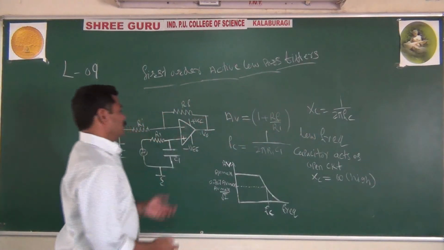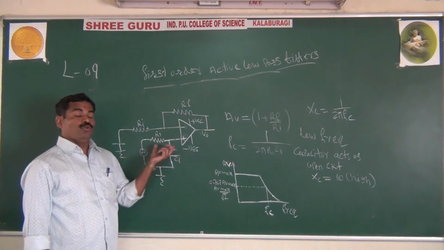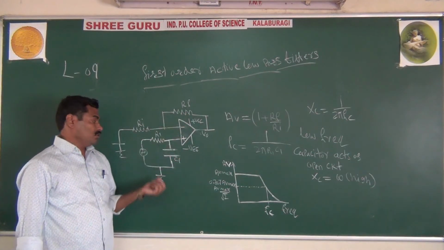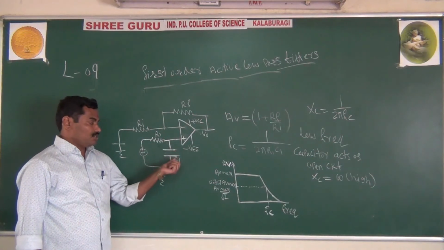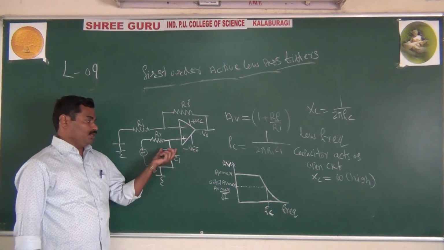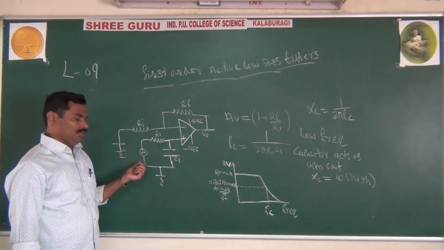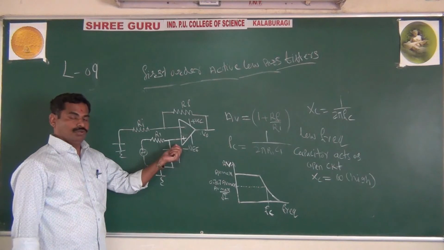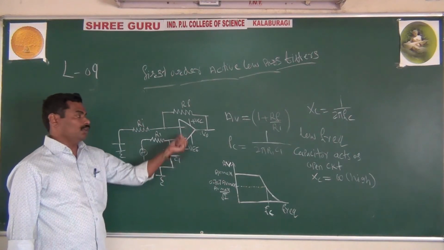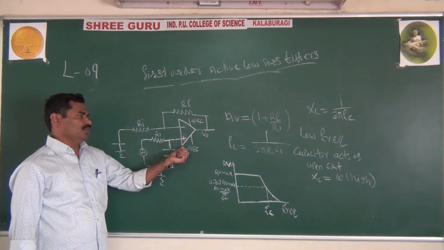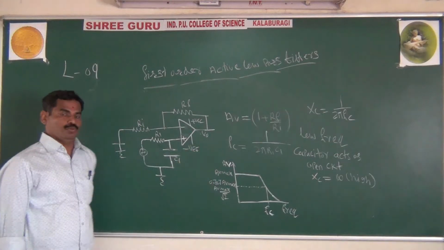Why only the low pass filter? It allows only low frequency. Why not high frequencies? Because for the low frequency, your capacitor acts as an open circuit. If it is an open circuit, it is not there. If it is not there, whatever input you give comes directly to the output. And this acts as the input for the non-inverting terminal of your op-amp, then it will be further amplified to get the output.